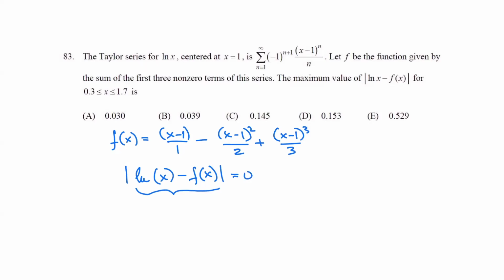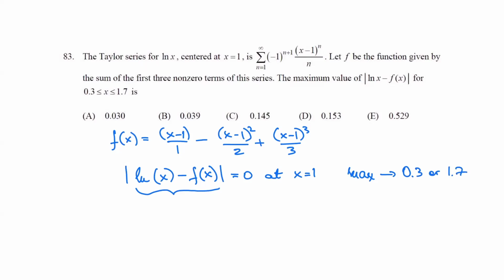It's equal to 0 at x equals 1. You can just plug it in and see that all the terms cancel out. But the maximum is achieved at the endpoints, and these endpoints are symmetric, so the maximum is achieved at 0.3 or 1.7. And so let's use 1.7.